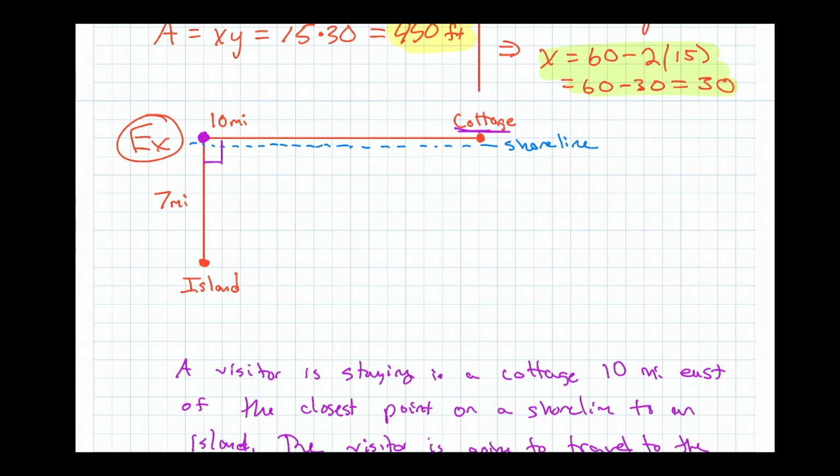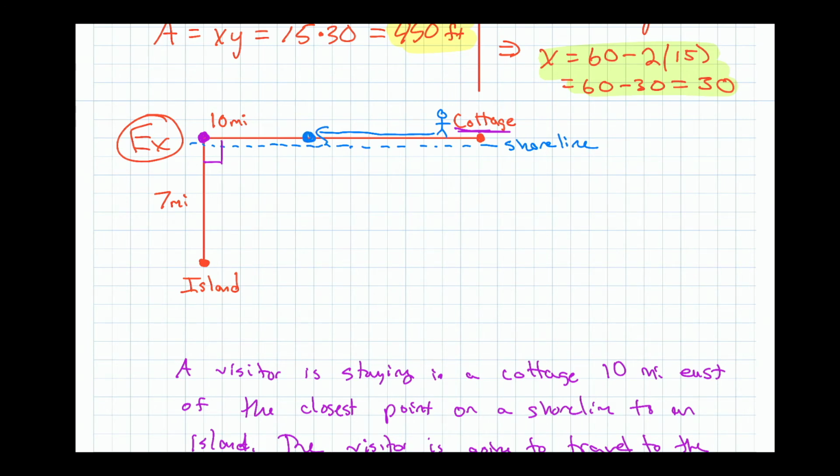Okay. So you've got your person, right? Here it is. Helpful drawing. They're starting at the cottage and they're going to run. So they're going to run this way some distance. Now at some point, they're going to stop running.